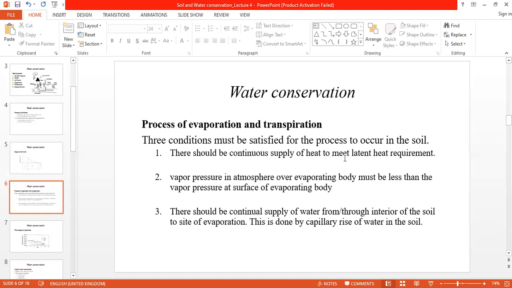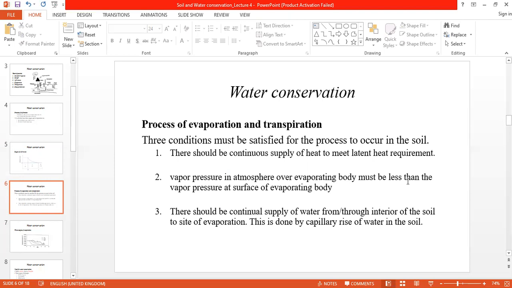So the most important thing is that you have a heat supply, which most of the time comes from the sun. Then as the water starts to evaporate, it's being heated up and turned into gas.